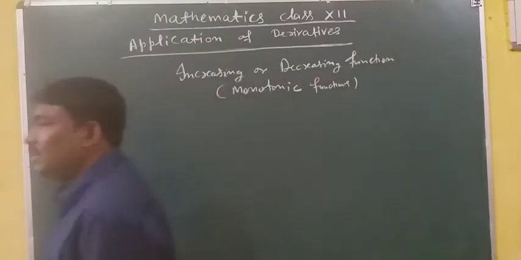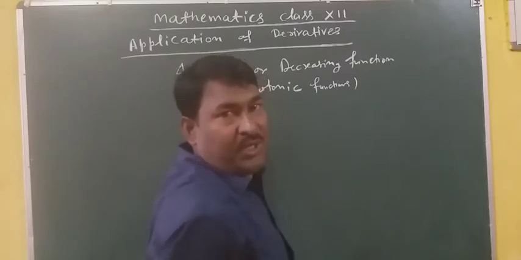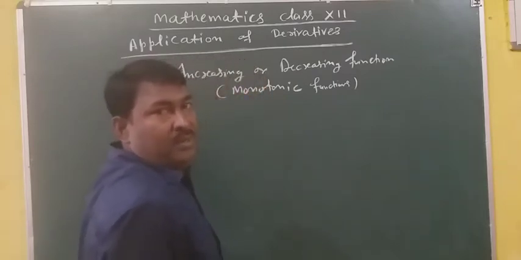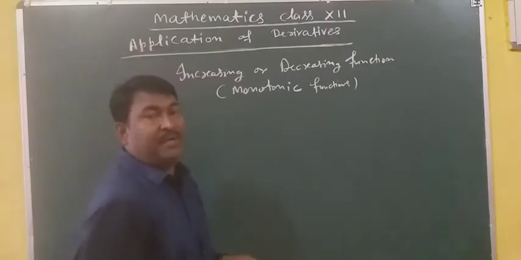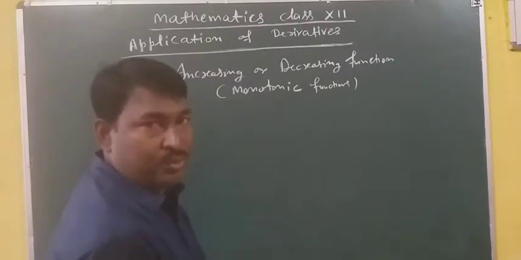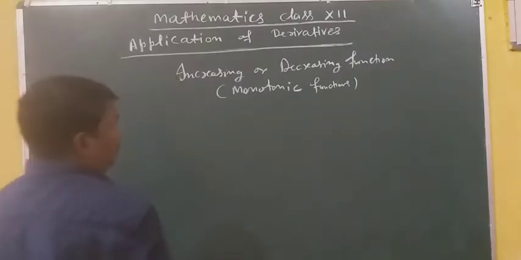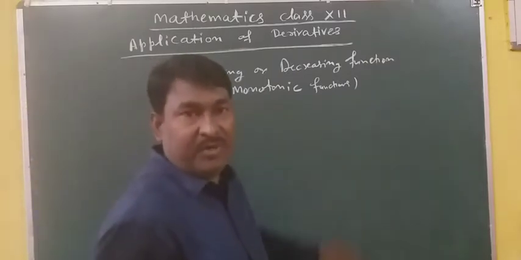A function is said to be monotonic if it is either increasing or decreasing, and its property is called monotonicity. Monotonicity is the property of monotonic functions.